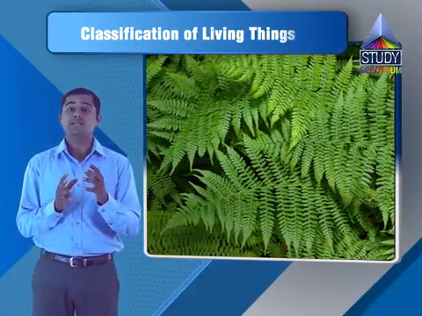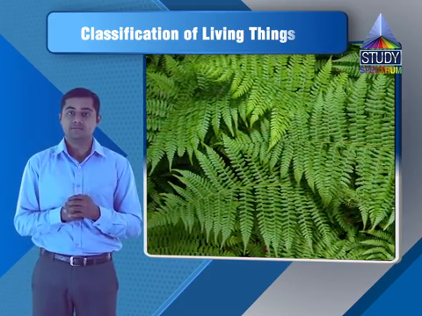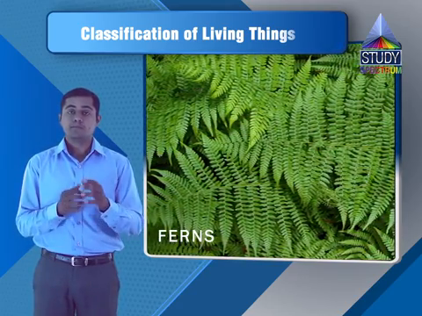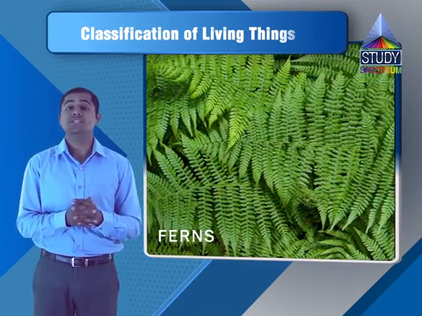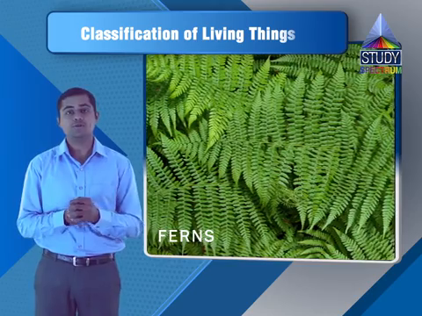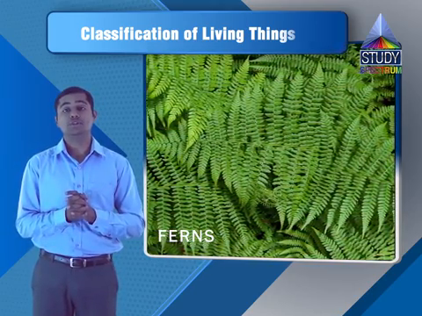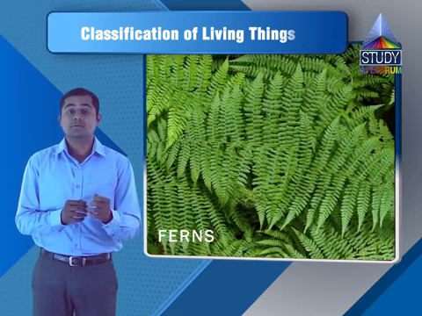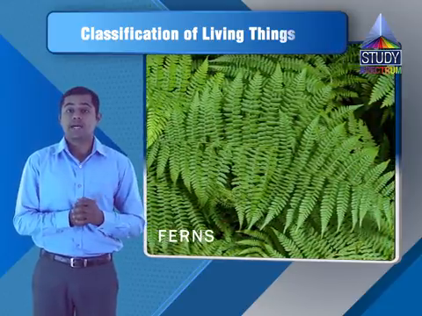Or if we take an example of ferns, ferns have small seedlets on the ventral face of their leaves. When those leaves get dried up and fallen on the ground, those seedlets germinate and give birth to another fern. So the plants which do not have flowers but which reproduce via spores or seedlets on the leaves, those are non-flowering plants.